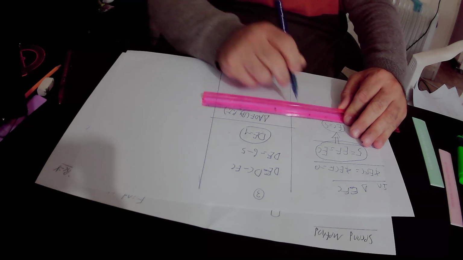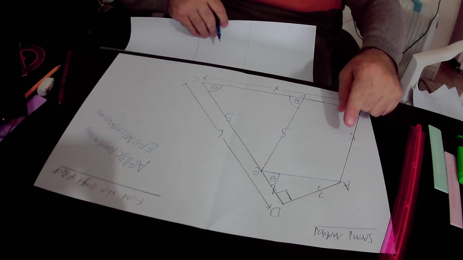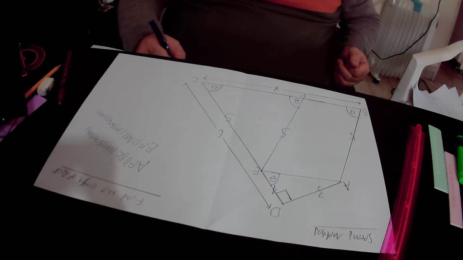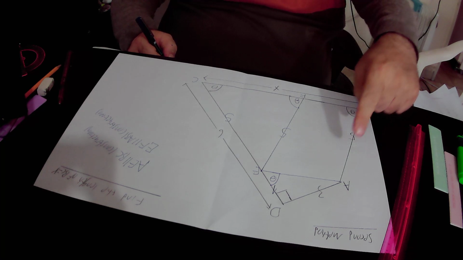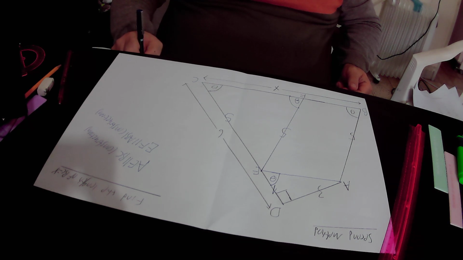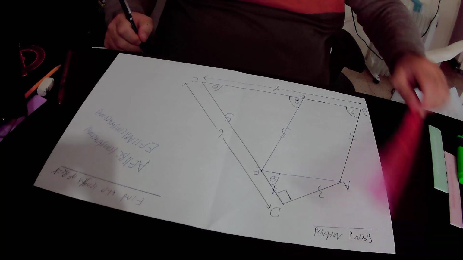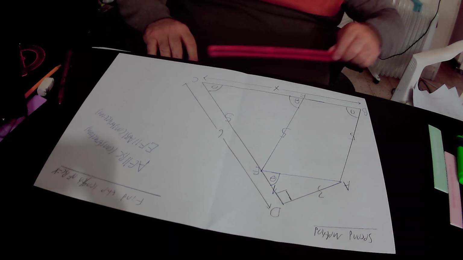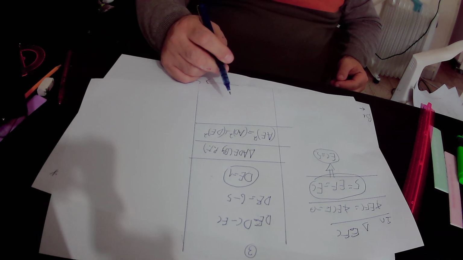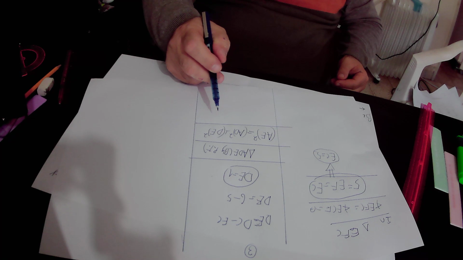The square of the hypotenuse equals the sum of the squares of the perpendicular sides. The hypotenuse is AE, so AE squared equals AD squared plus DE squared.